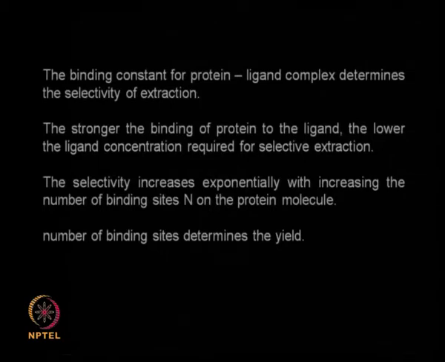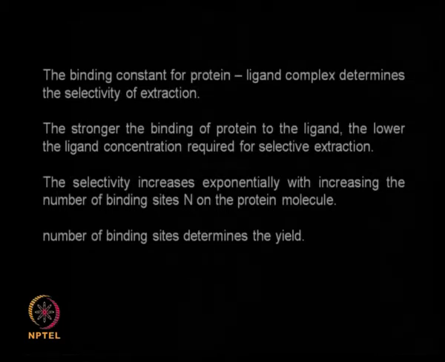So, the binding constant for the protein ligand complex determines the selectivity of the extraction. The stronger the binding of protein to the ligand, the lower the ligand concentration required for selective extraction. That means if it is going to bind very strongly, I can use less ligand.